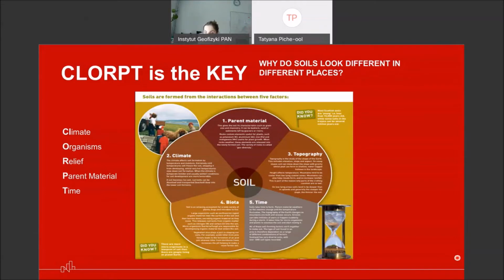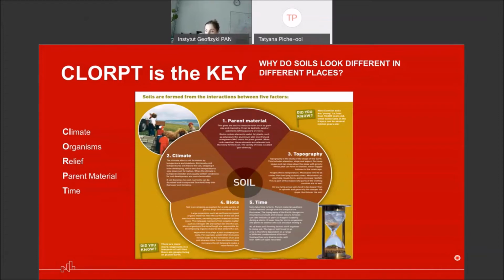The relief is, in other words, a landform. We would say a landscape. This describes the shape of the land, like whether we have hills or valleys, and also the direction the hill faces.